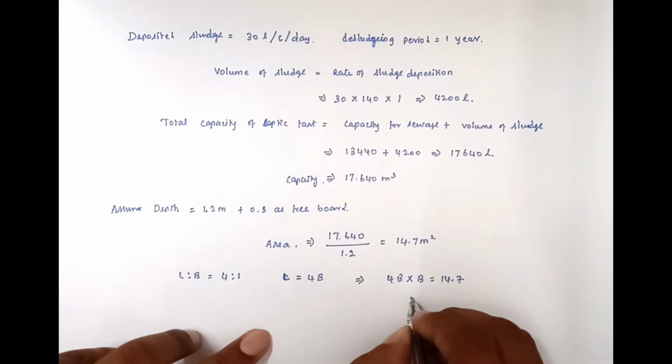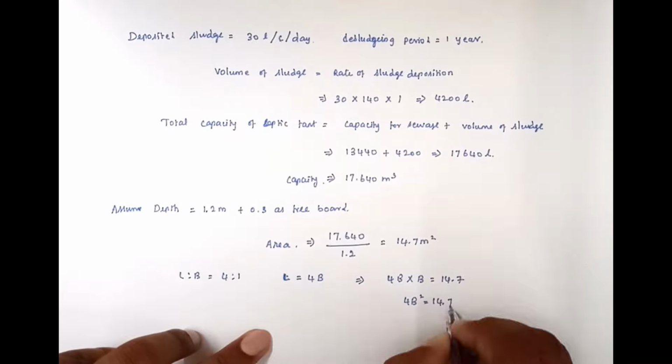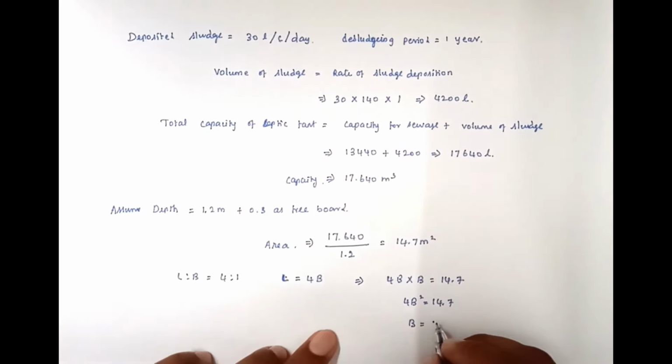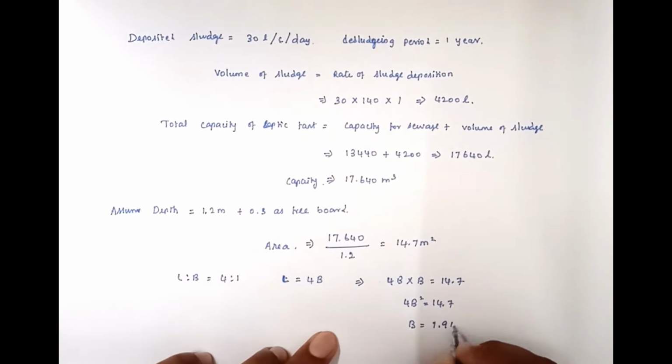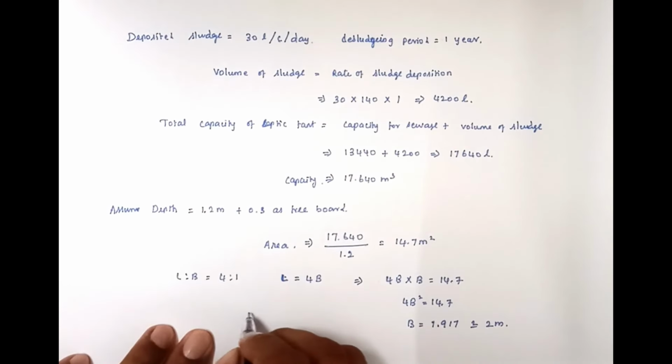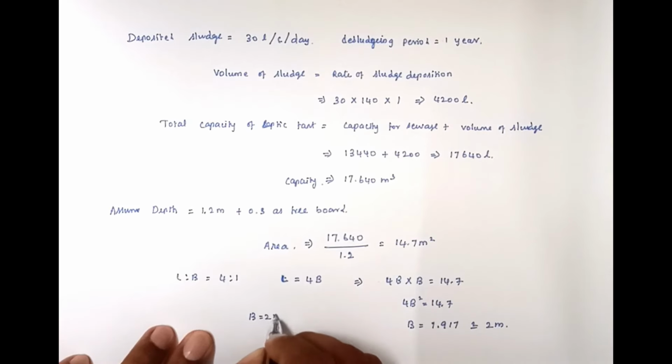So 4B square equal to 14.7, so B is equal to 1.917, say equal to 2 meter. So now we know that B is equal to 2 meter, so L equals 4 into 2 equal to 8 meter.